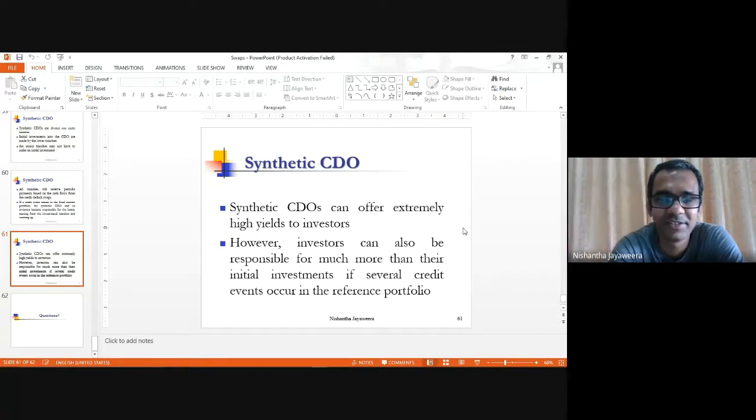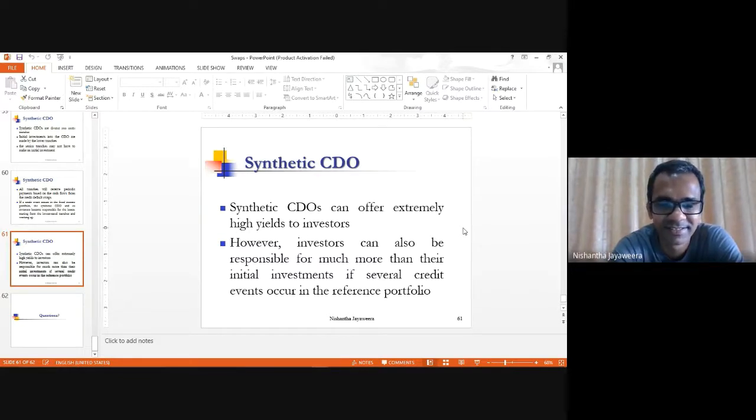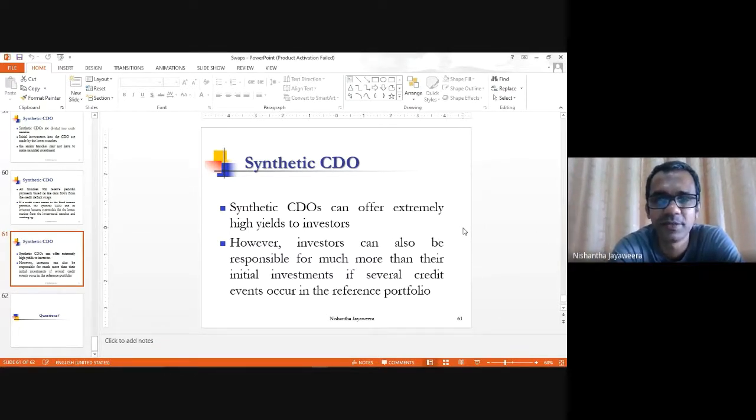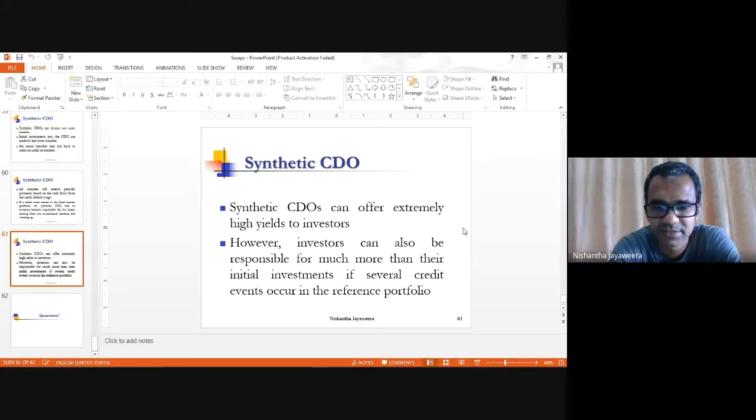Whenever it says extremely high, within brackets, extremely risky. So that's the other concept that our people won't understand. If you get an extremely high return on an investment, the risk is also high.